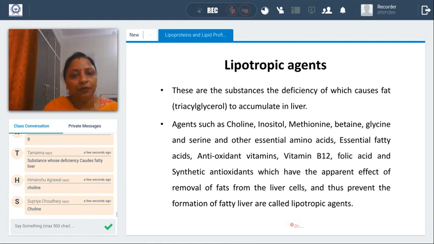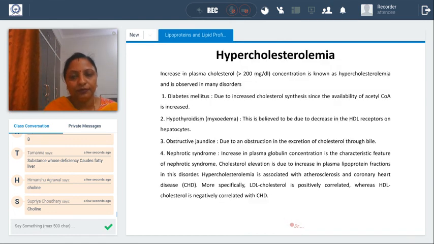Lipotropic agents, which prevent the formation of fatty liver, are choline, inositol, methionine, betaine, glycine, serine, and other essential amino acids. What is hypercholesterolemia? Increase in plasma cholesterol in the condition of diabetes mellitus, hypothyroidism, obstructive jaundice, nephrotic syndromes.